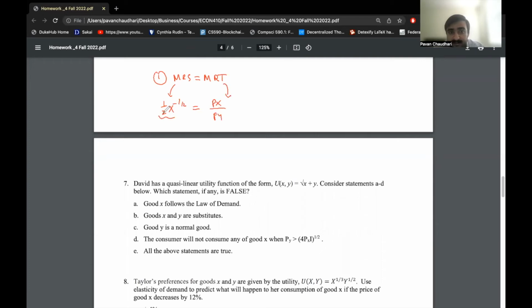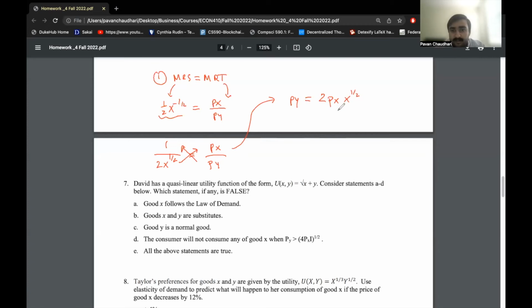But we'd like to simplify this first because we don't like negative exponents, hard to work with. So this is going to simplify to 1/(2x^(1/2)) is equal to px over py. Right? So similar to always, we cross multiply here. And we'll get py equals 2px times x to the 1/2.